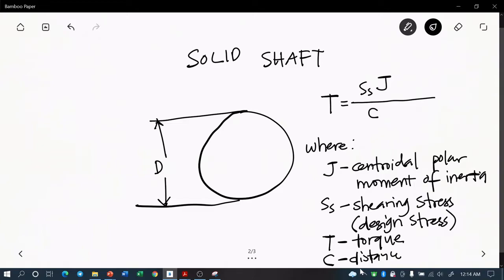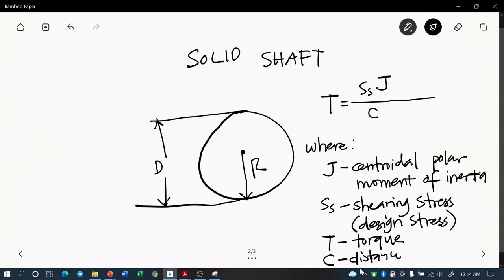In this illustration, for a solid shaft, C refers to the radius, or half of the diameter.